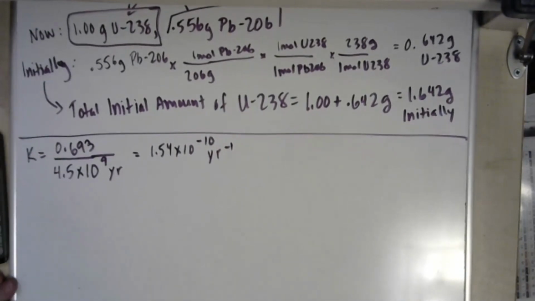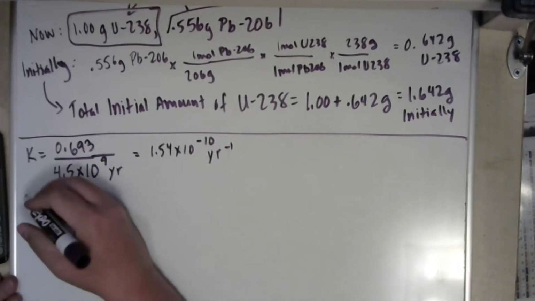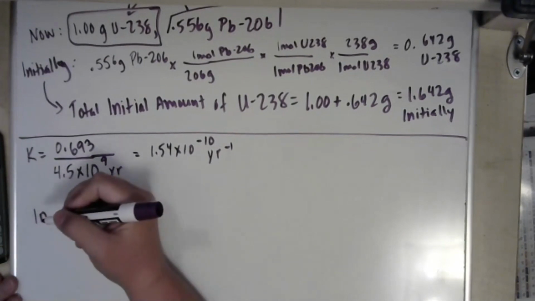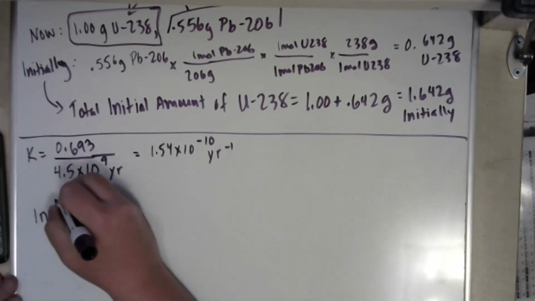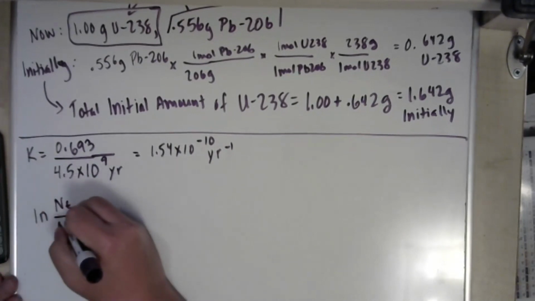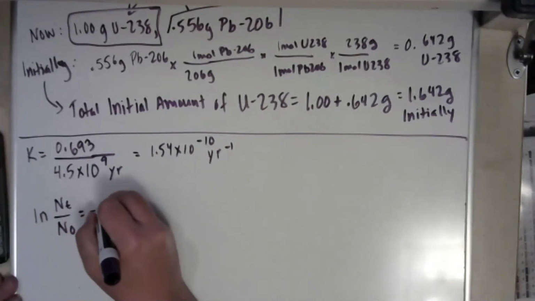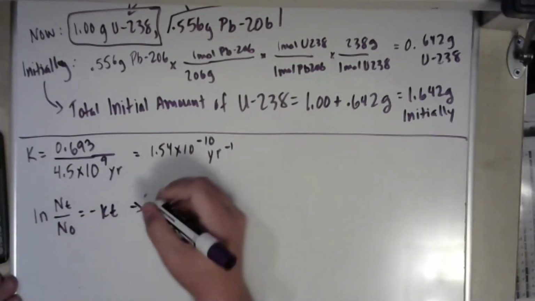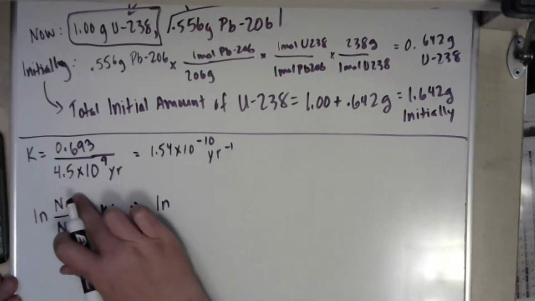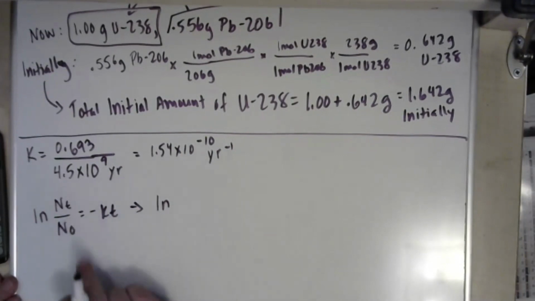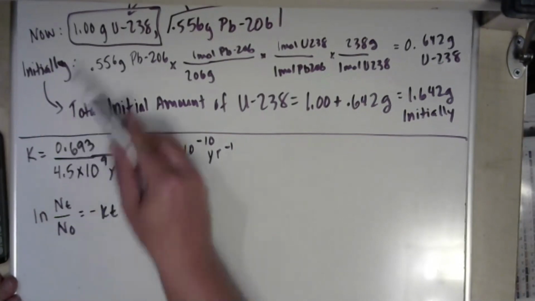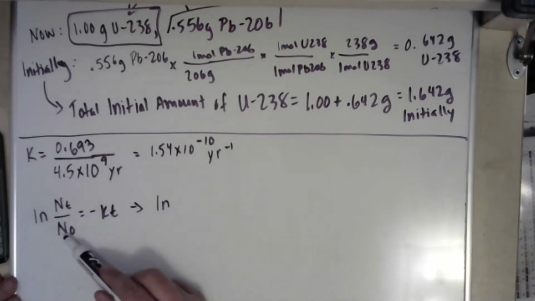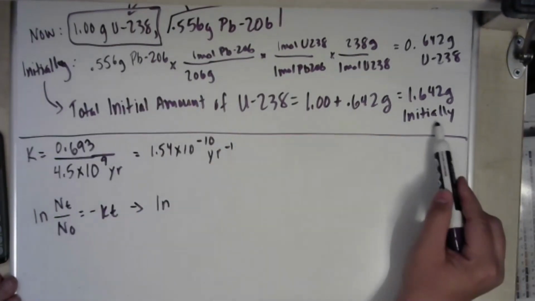Now we can use our integrated rate law and solve for time. So we'll have ln of N_t over N_0 equals minus kt. N_t is our current amount of uranium, and N_0 is our initial amount of uranium.